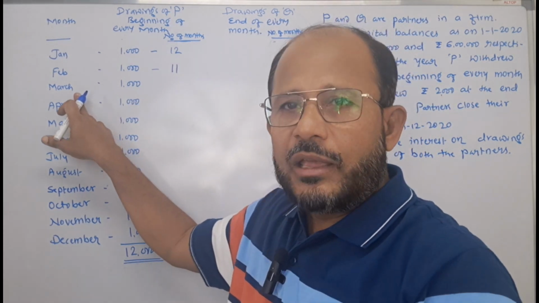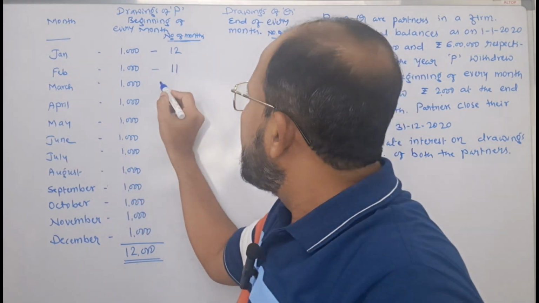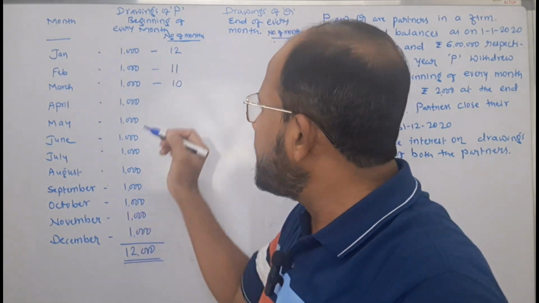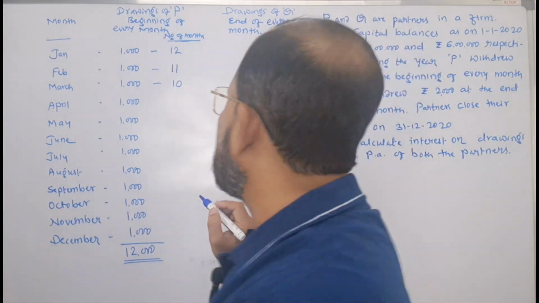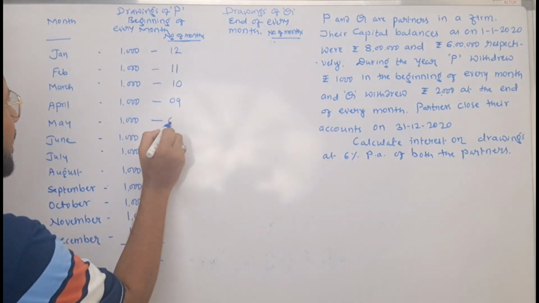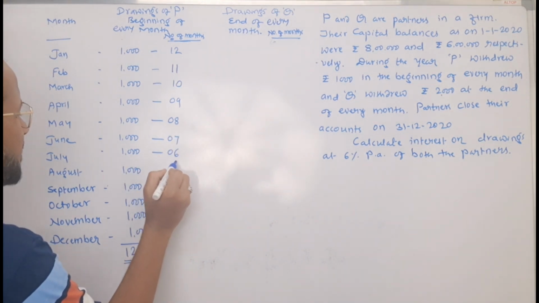Next one is when he withdraws the amount on 1st March, here for how many months he has to pay the interest? For 10 months. Like this it goes in the descending order. Just to see in the month of April, 9 months. Next one is 8 months, 7 months, 6 months.